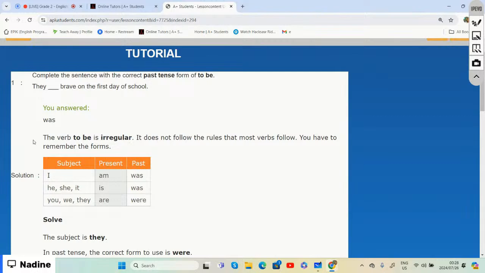All right, and here we say the verb to be is irregular. It does not follow the rules that most verbs follow. You're going to have to remember the forms. We can even say once again, I am, or in the past we say I was. He or she or it is present currently.